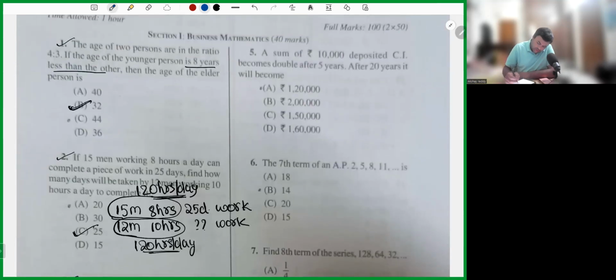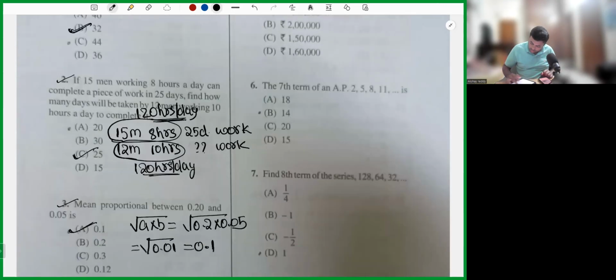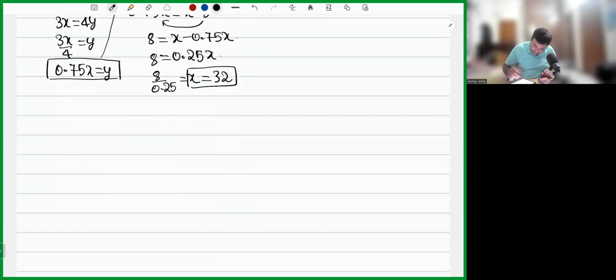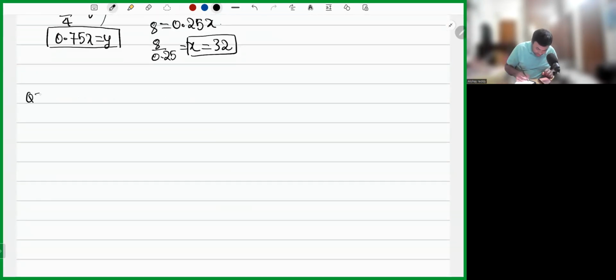Next. Question number 5. A sum of 10,000 deposited at compound interest doubles after 5 years. After 20 years, how much will it become? This is a little tricky question you might feel in the examination. See this question number 5, my dear friends. He's telling the sum of 10,000 deposited in compound interest becomes double after 5 years.